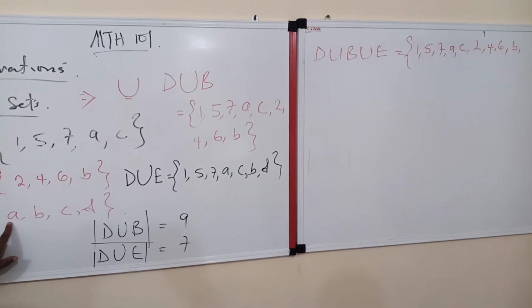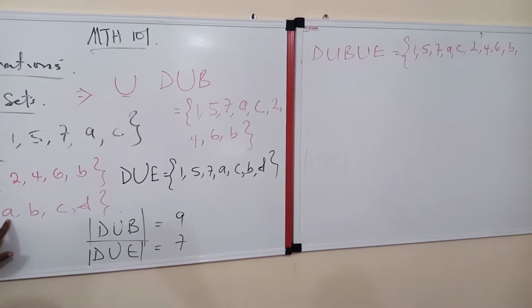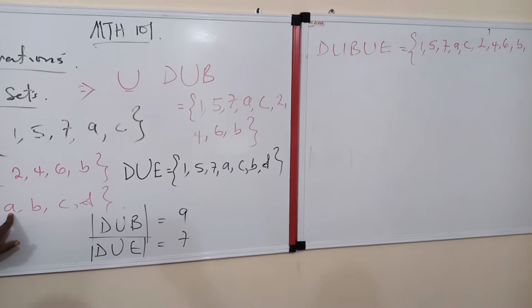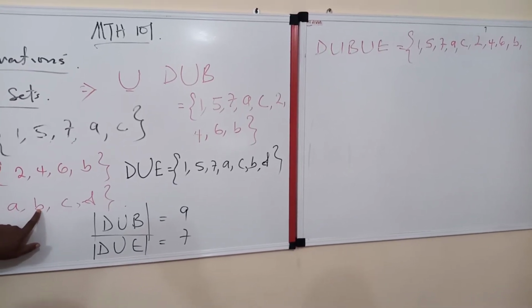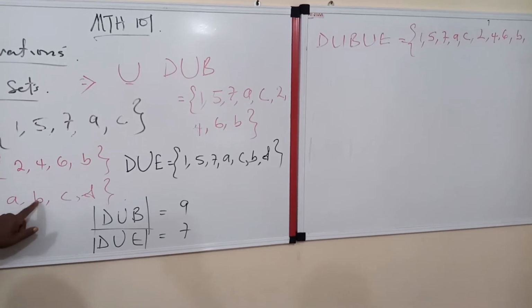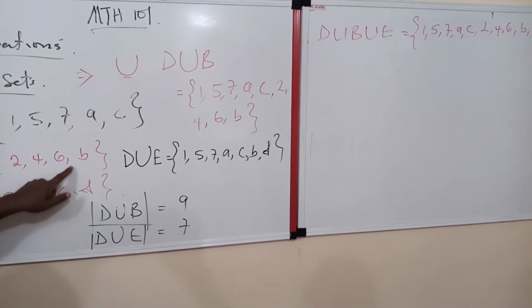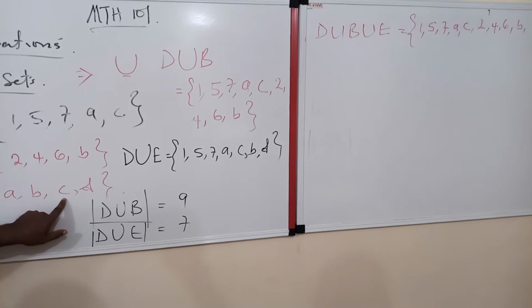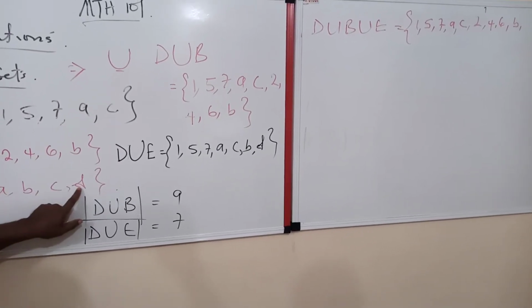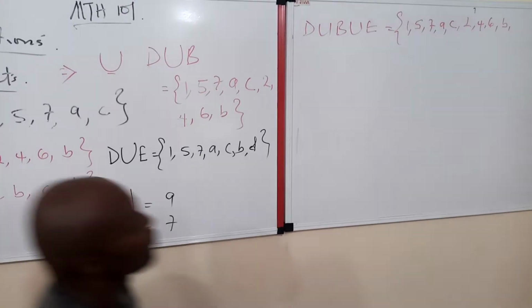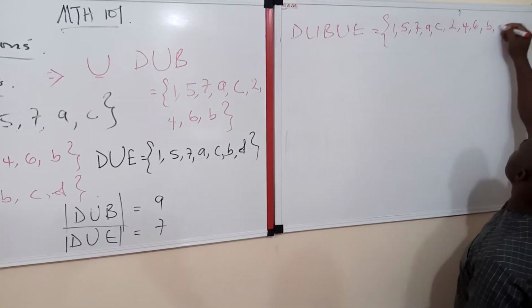Lastly, that of E. You can see that A has been collected already from D. B has also been collected, because B is contained in the set B. C is also taken from the first collection. The only thing that has not been taken is D. So we now write D.